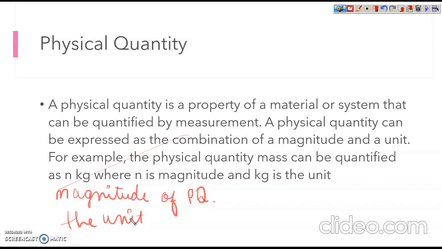Therefore, a physical quantity we can write as: physical quantity is magnitude multiplied by unit.